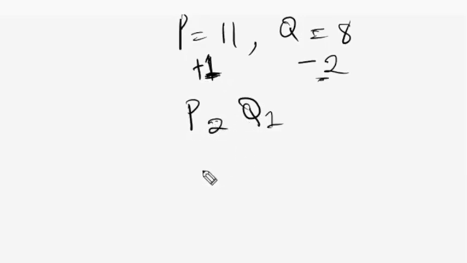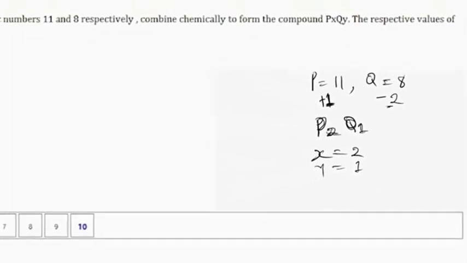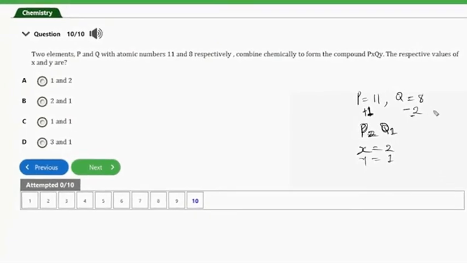So that's just simply an easy way to go about this. So P will have 2 here and Q will have 1. So guys, if we have PX and QY, it means that X will be 2 and Y will be 1. So guys, that's option B here, and that's 2 and 1.